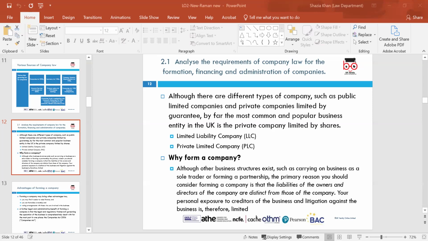The constitution of a company consists of two documents: a memorandum of association, which states the objects of the company and the details of its authorized capital, and the second one is the articles of association, which looks at the provisions for the internal management of the company. For example, its shareholders, the general meetings, the board of directors.